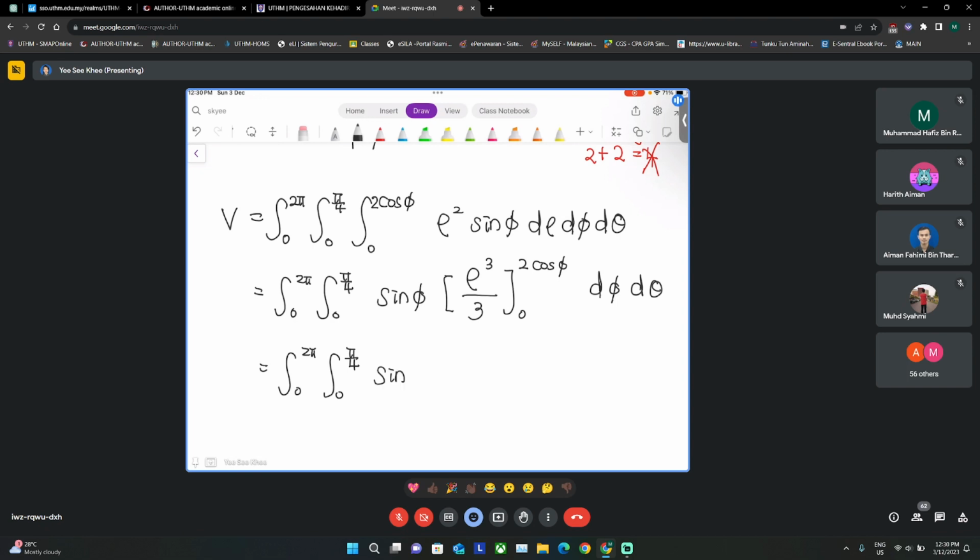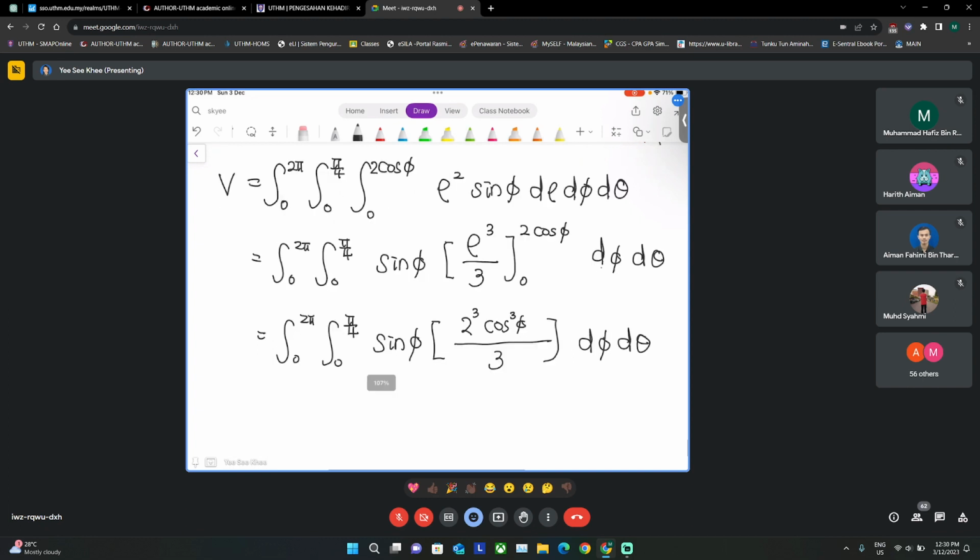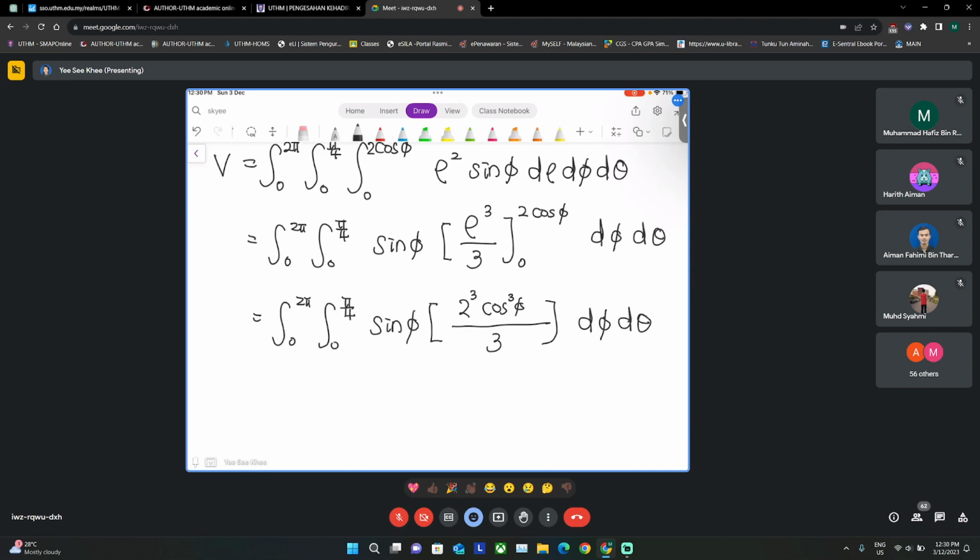So you have a sin phi, you write again. So this would be 2 power 3, right? And the cos also power 3 phi, right? Over 3. You replace the value. Now, you can use calculator.